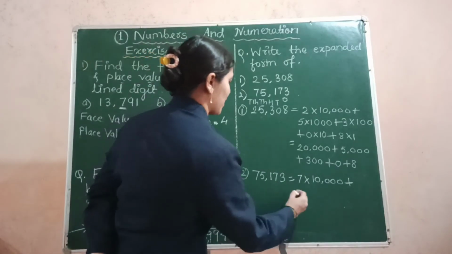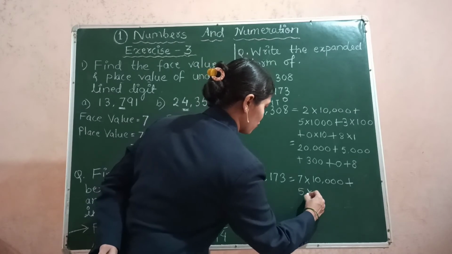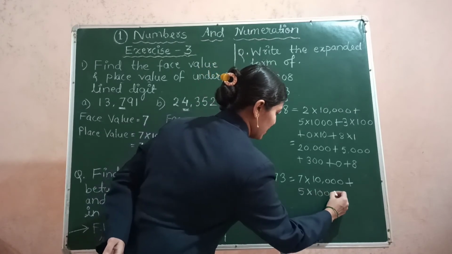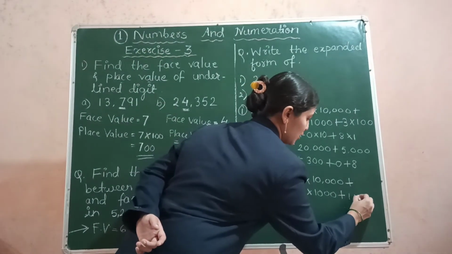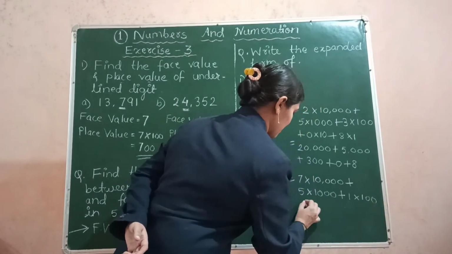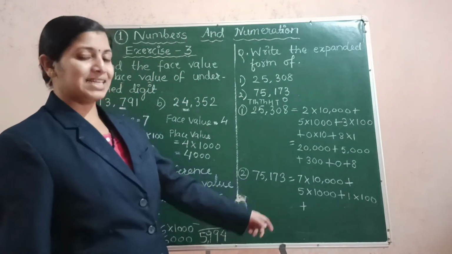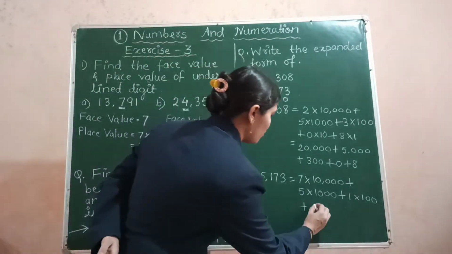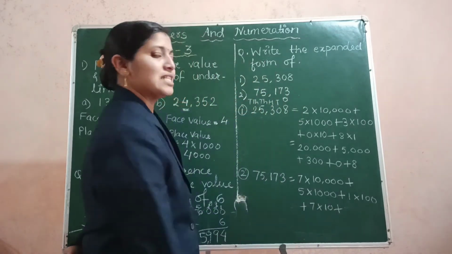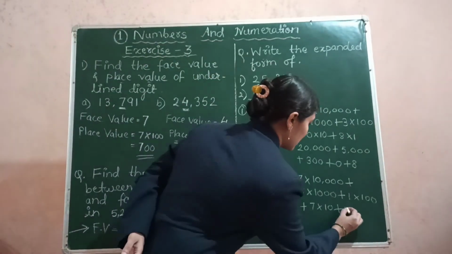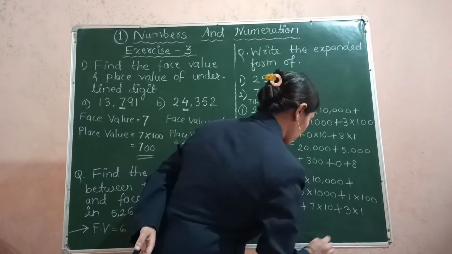Then we have 5. 5 is in thousands place, so 5 into 1,000 plus 1 is in hundreds place, so 1 into 100 plus we have 7 in tens place, so 7 into 10, and 3 is in ones place, so 3 into 1.